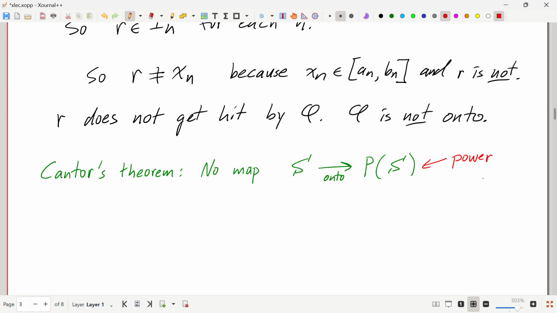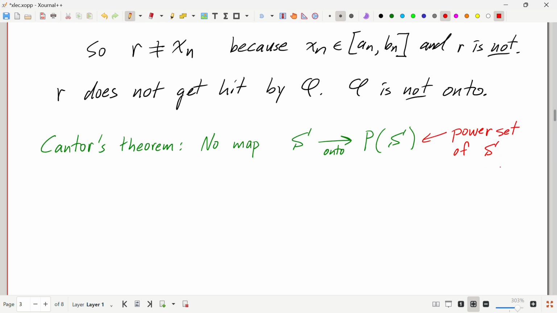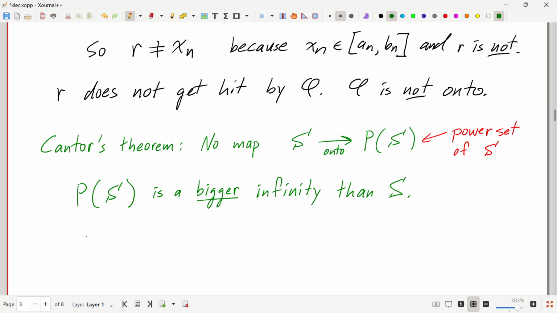And that means that it's a bigger cardinality. That's the set of all subsets. Okay, so it's a bigger infinity than S. And of course, the power set of the power set, the set of all sets of subsets of S, is even bigger.